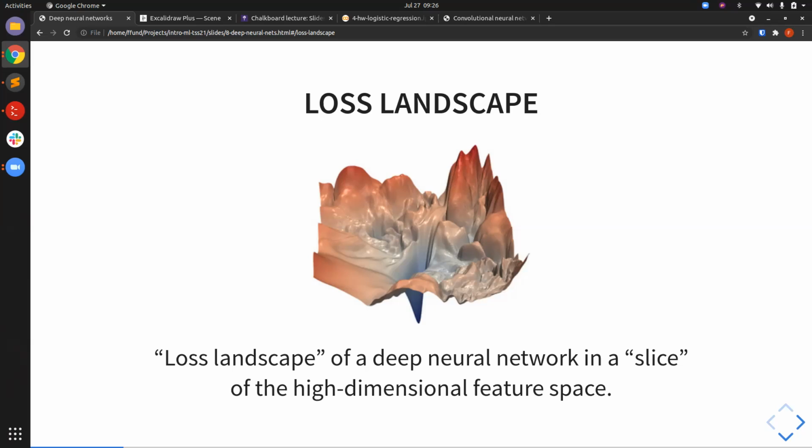This is from a paper that tries to visualize the loss function of some popular deep neural networks by taking a slice of them in two random directions. These tend to have extremely complicated non-convex loss functions. If you're trying to minimize this by gradient descent, it's not so obvious that you'll end up in the right place.